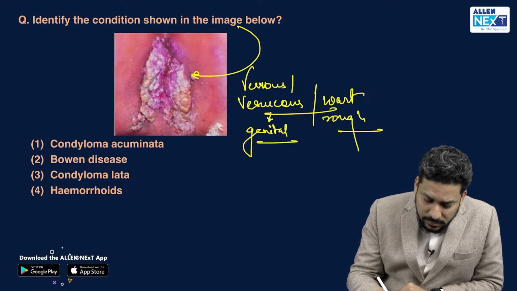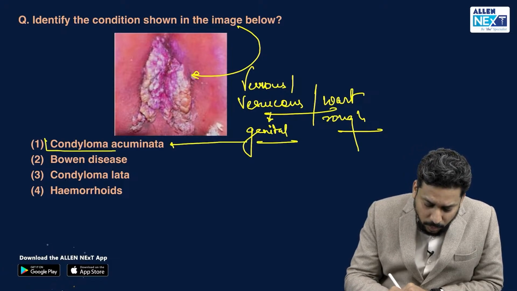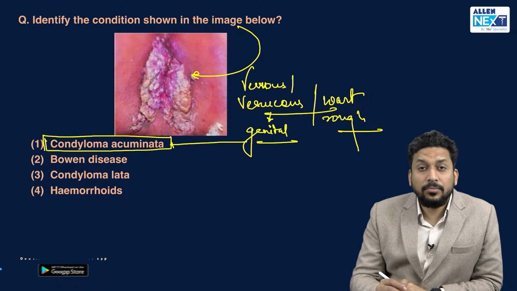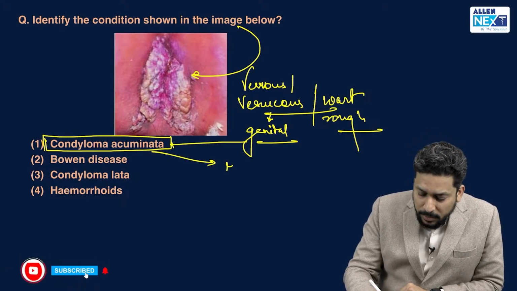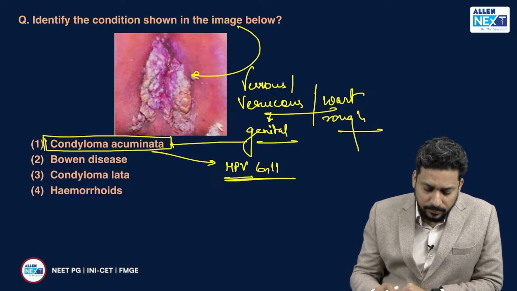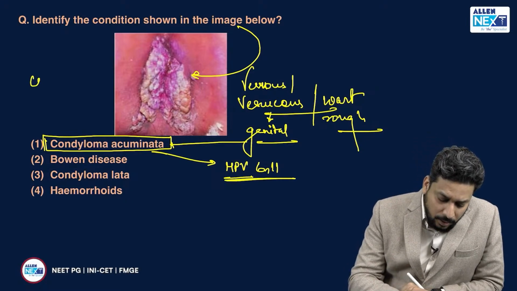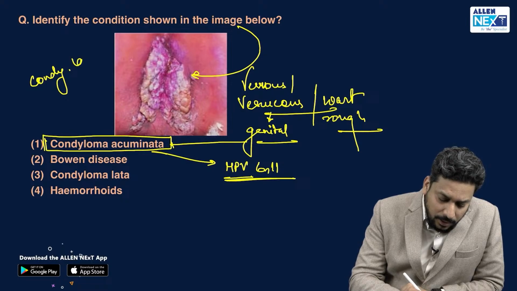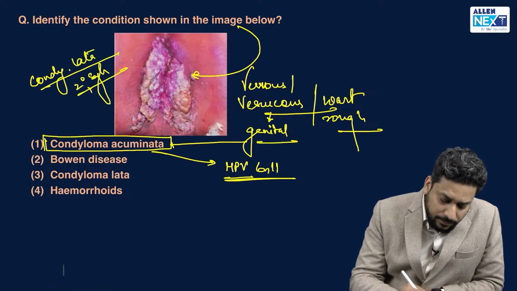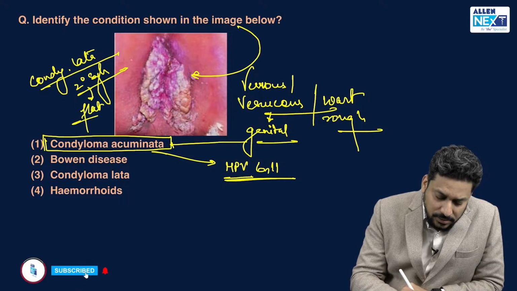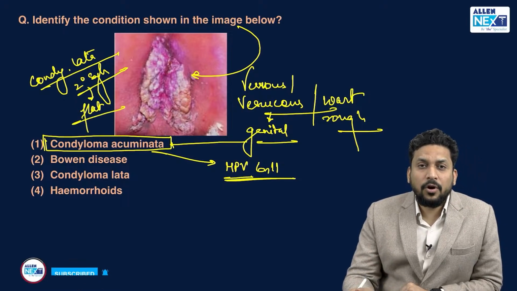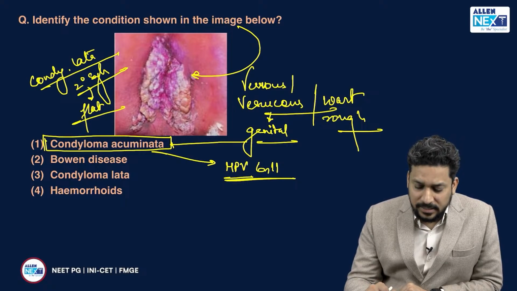So this is anogenital warts, that is condyloma acuminata, commonly caused by human papilloma virus 6 and 11. While condyloma lata are seen in secondary syphilis, which are generally flat lesions. Like here they are rough lesions. Condyloma lata are flat lesions seen in secondary syphilis.